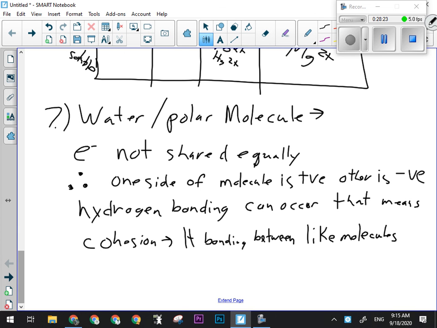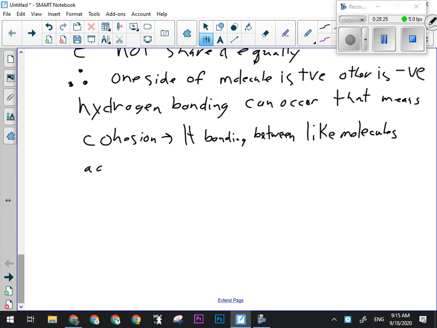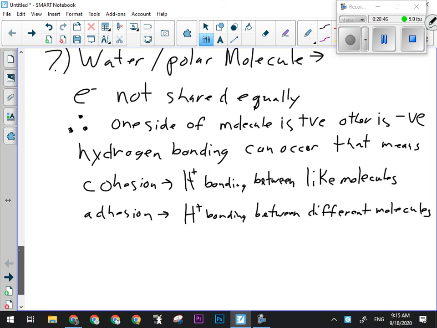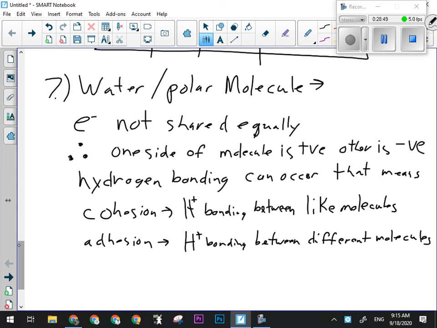And the other one is adhesion. Hydrogen bonding between different molecules. That's a 5-mark question. Those are the points I would expect you to understand and be able to talk about if I'm asking you about what it means to be a polar molecule.